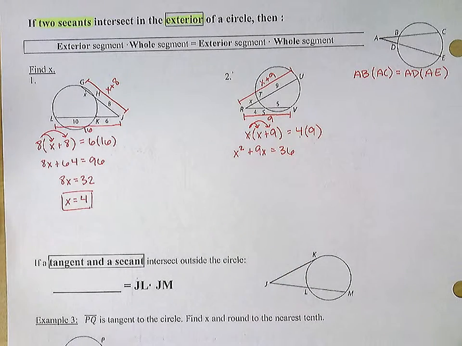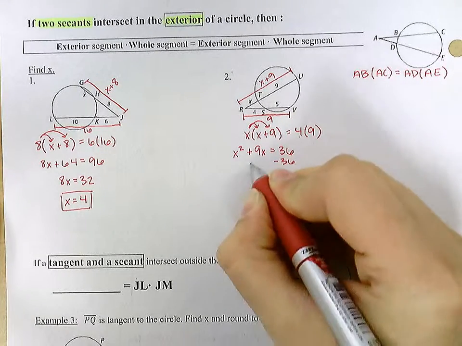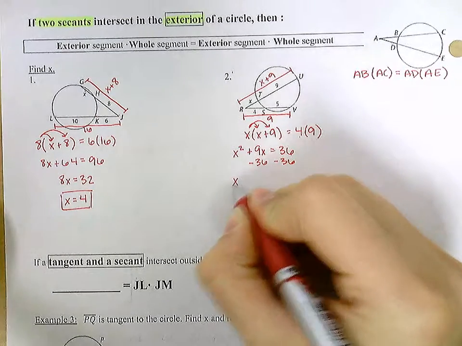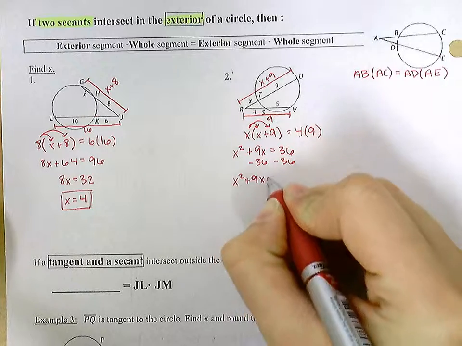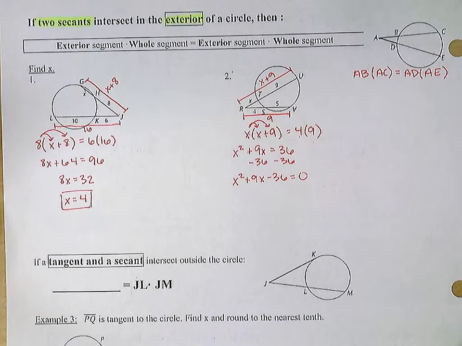Now, if you have an x squared and an x within your problem, this is a quadratic and you do need to factor it. So I need everything on one side of that equation. Well, if you don't like this, you're going to hate the next problem. So I'm going to subtract 36 from both sides. Okay, so that gives me x squared plus 9x minus 36 is equal to 0.